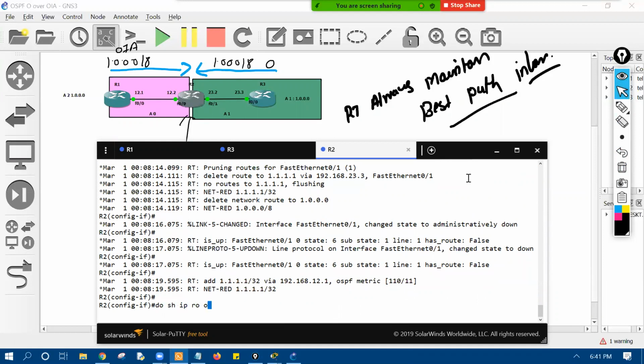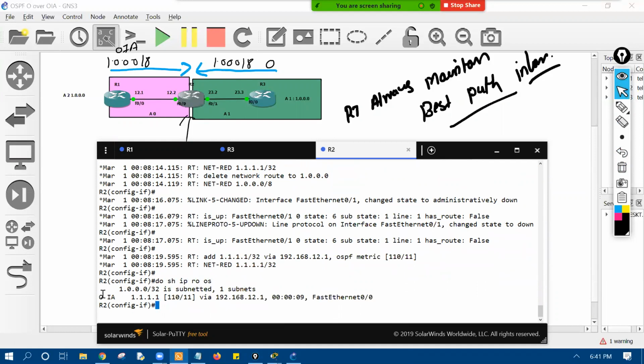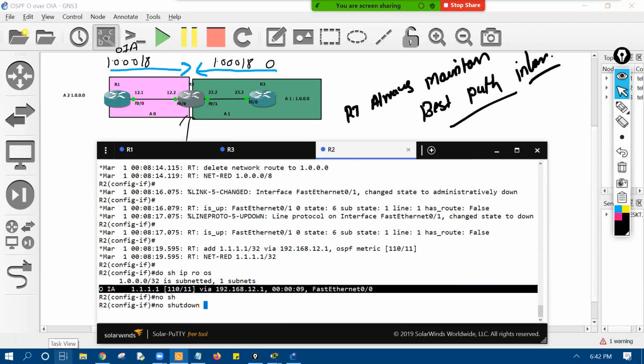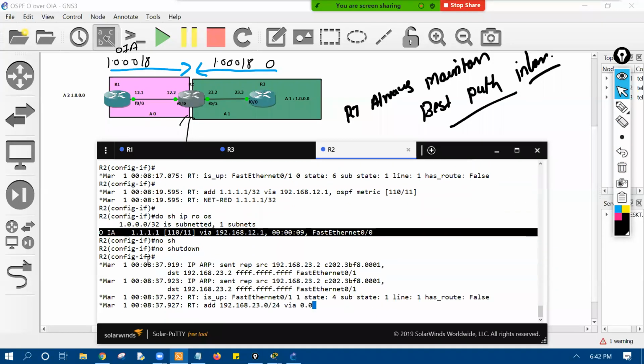Do show IP route OSPF. Can you see that? If I bring this interface up, now this route will be removed.